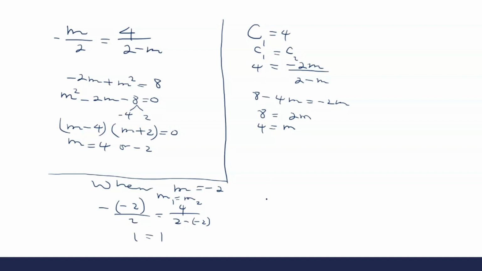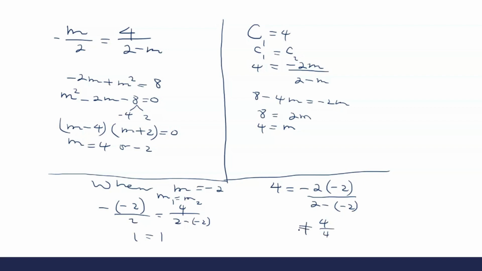When m equals negative 2, I substitute the value of m into c2, and that gives me 1.